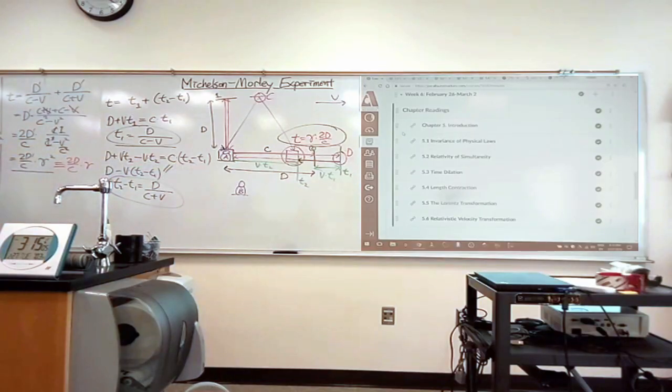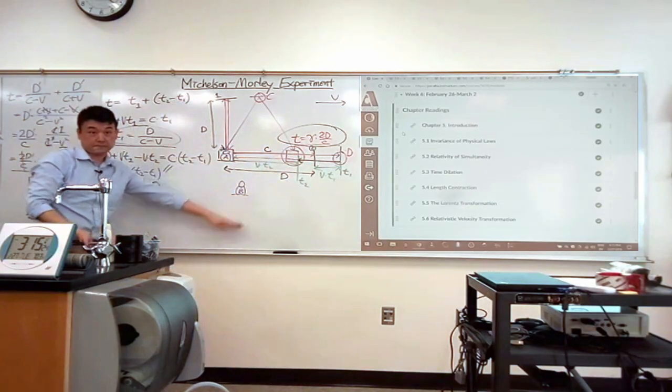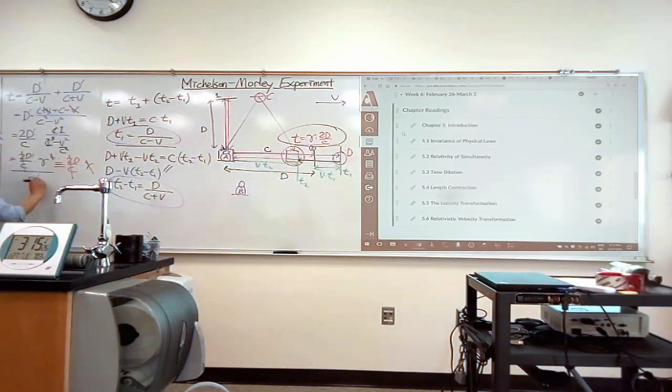All right. So let's figure out what this d prime is. I can cancel out 2c, 2c. I can cancel out one factor of gamma. So I get d prime, the length of this arm from the perspective of B, is equal to d. Let me give this d a name.